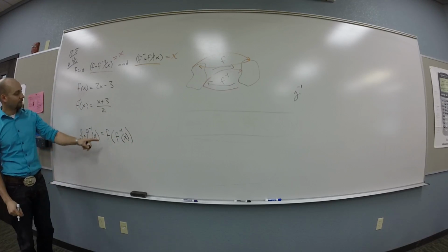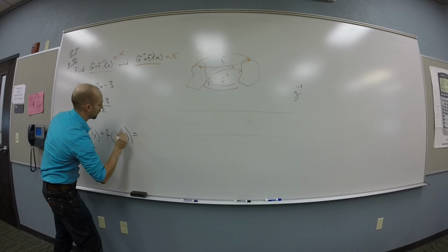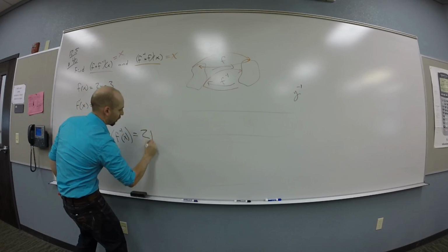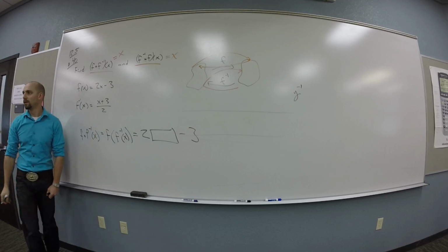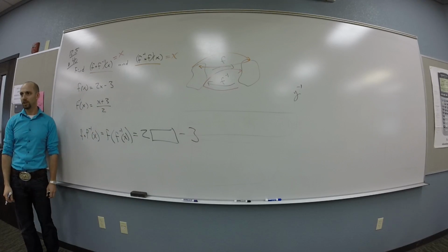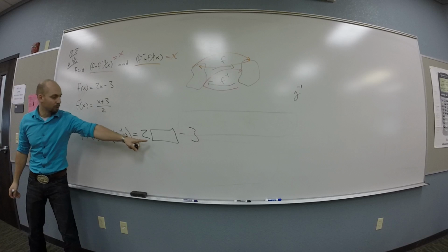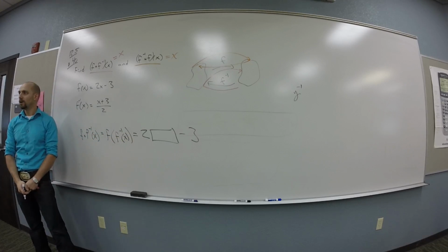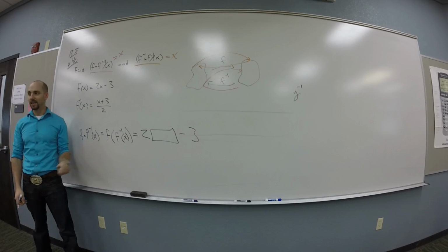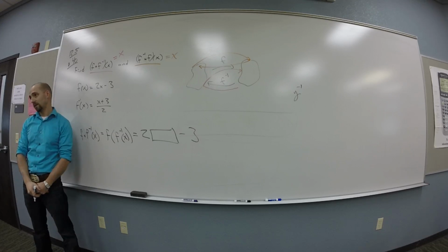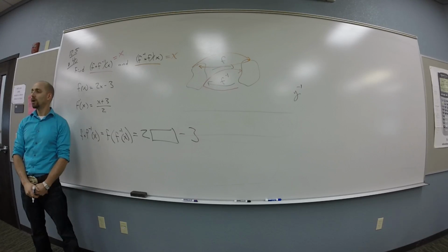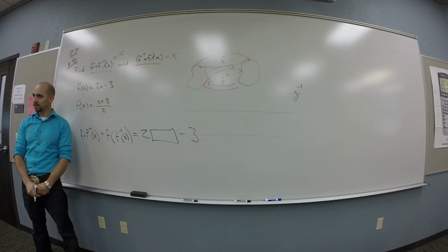So I could write down my rule for f. That's twice something minus 3. Normally this something would be an x, but this thing doesn't say to put x in to f. It says put f inverse in there. Do I know what f inverse is?